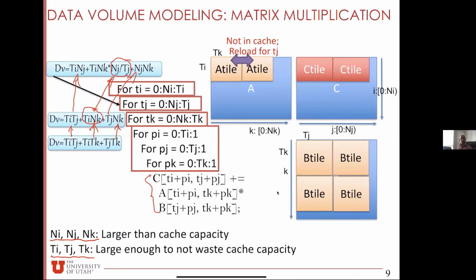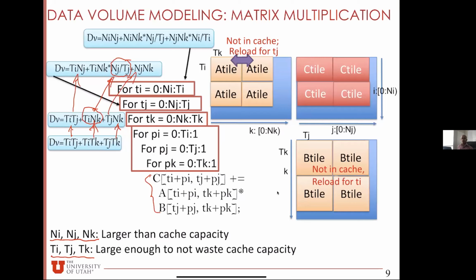So we have a multiplier Nj divided by Tj. And in this fashion, we do one more step. We run through the I loop. Now we will have different tiles in I, different tiles in C. For B, we will repeat the whole thing, but we wouldn't have it in cache. So we have to have a multiplier that corresponds to Ni by Ti. So this gives us at the end the expression for data volume for execution of this matrix multiply for this particular tile loop order Ti, Tj, Tk.